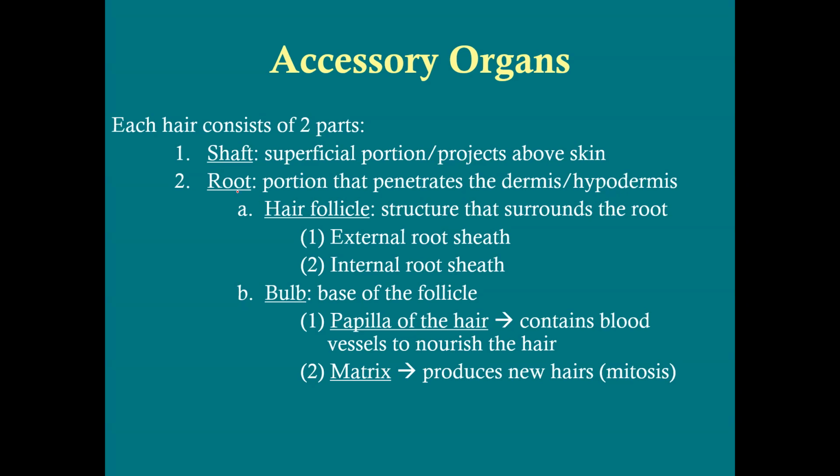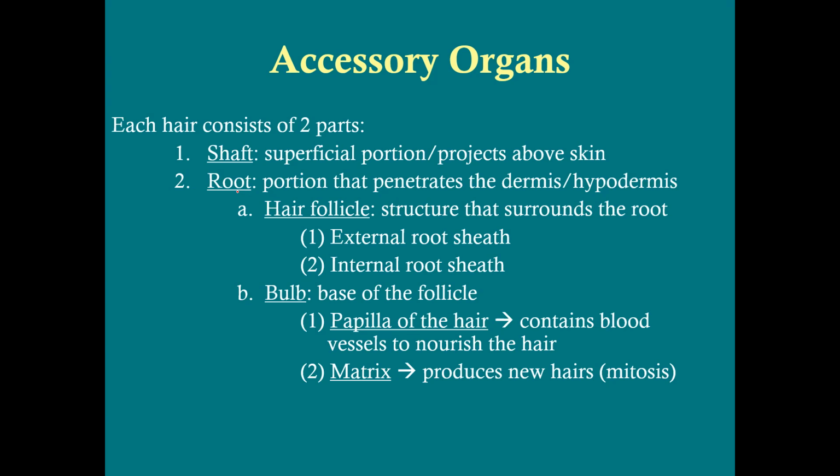And you have the hair follicle, which surrounds that root. The hair follicle has two parts, the external root sheath and the internal root sheath. Then the bulb is the base of the hair follicle.